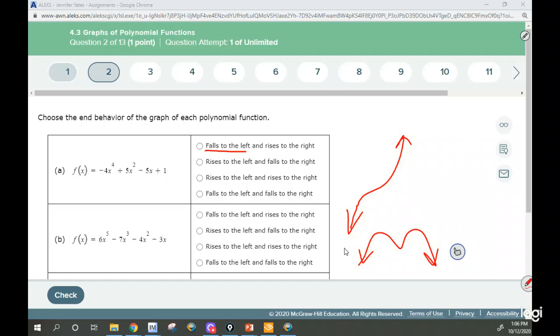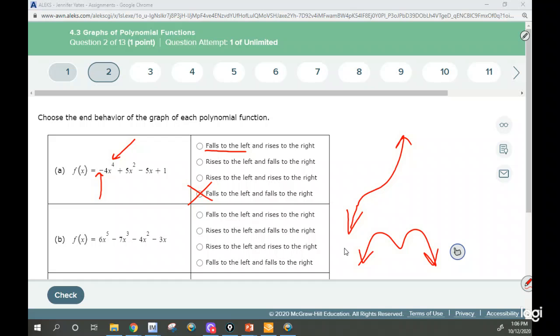Okay. So now that I know what those mean, I kind of like to start here. I don't want to read that yet. It's negative and it's even. Because it's even, which way do the arms go? Same direction. But because it's negative, which way do they go? They both go down. Which one of these say they both fall? All right.